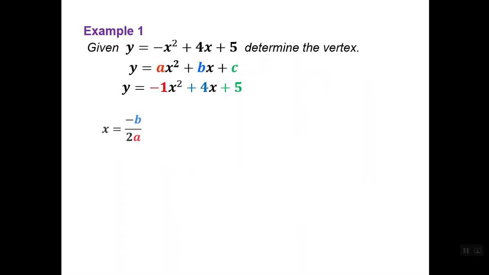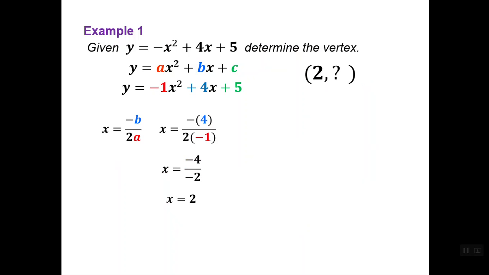So to figure out our vertex, we know that the x-coordinate is equal to the opposite of b over 2 times a. So I just fill in those values. It's the opposite of 4 over 2 times -1, and then I do the computation and come out with x equals 2. Therefore, our vertex is an ordered pair that's (2, something).